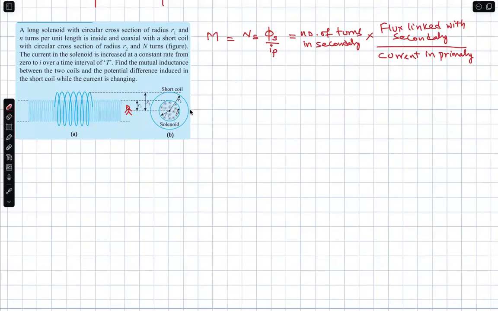Now, what is the flux linked with the secondary? This is nothing but B. There is no field outside the solenoid. I know that. B into pi R1 square.